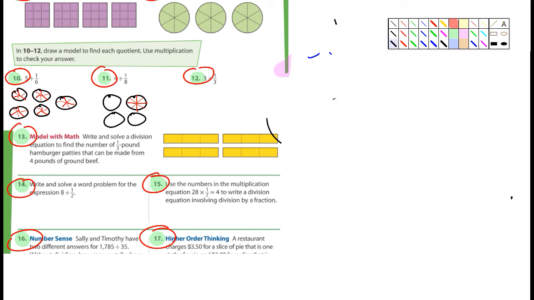Let's see here. Number 14, it says, write and solve a word problem for the expression 8 divided by 1/2.